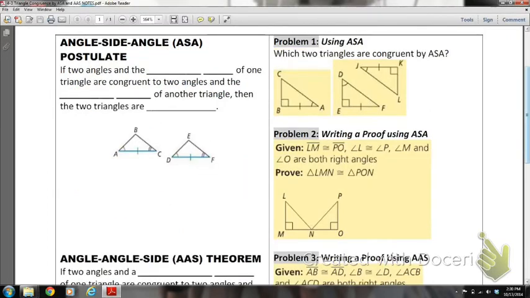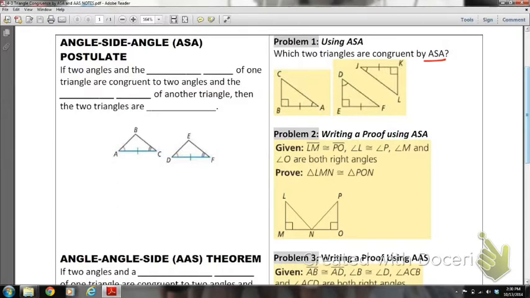In problem 1, it asks which two triangles are congruent by angle-side-angle. So you're looking for two of these three triangles that have two pairs of corresponding congruent angles, and the side in between those two angles is also congruent.